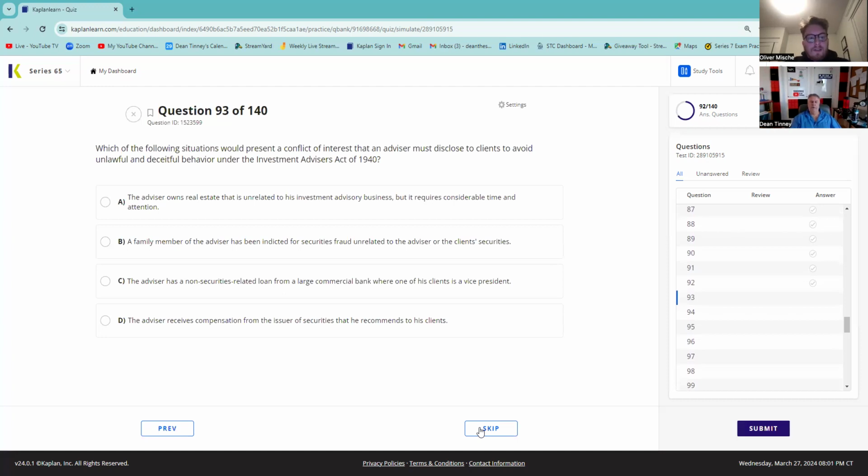Which of the following situations would present a conflict of interest that an advisor must disclose to clients to avoid unlawful and deceitful behavior under the Investment Advisor Act?